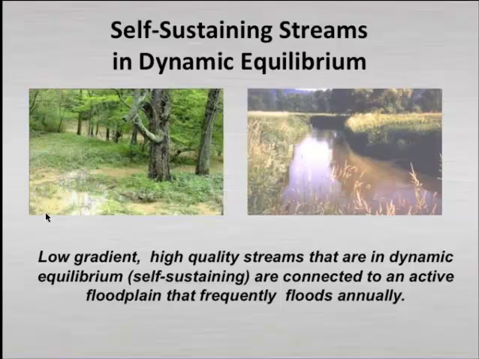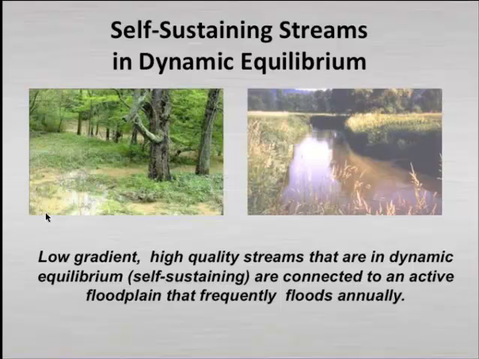We also know that natural stream systems are self-sustaining. There's some erosion and some deposition, but over time they're fairly stable. They may move around a bit, but over time they generally don't get much wider or fill up. So natural streams are self-sustaining.